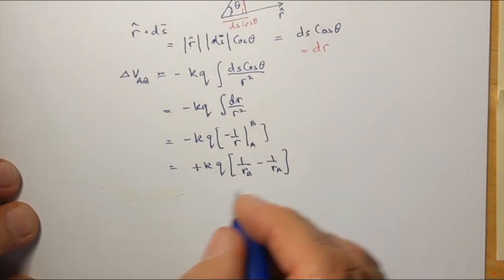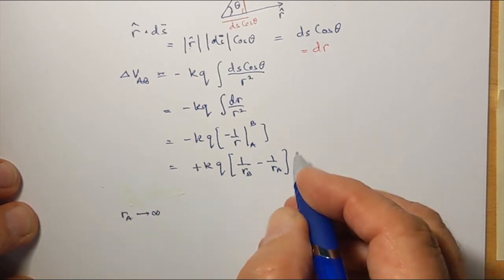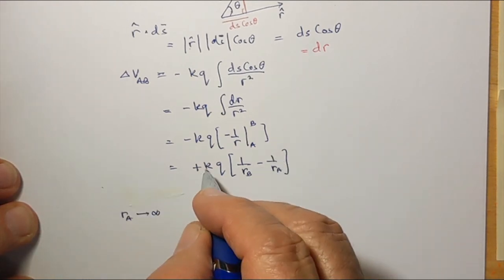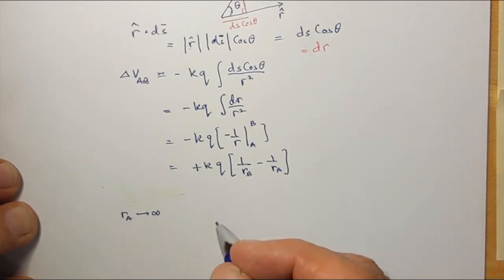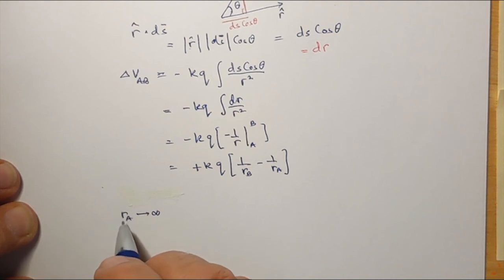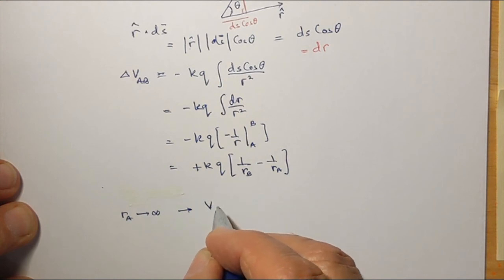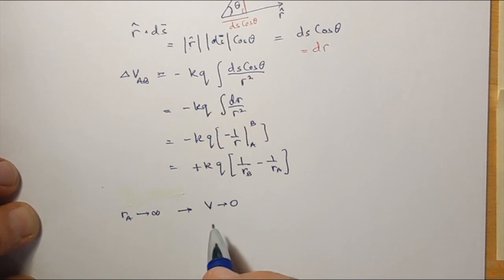If we take ra as very far away, then 1 over ra would become 0. We define that when the distance tends to infinity, the potential at a very great distance tends to 0. So that's something that we say, that the potential at an infinite distance is 0.